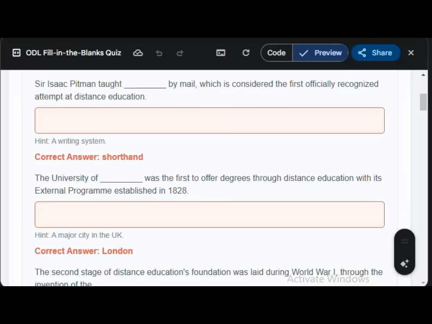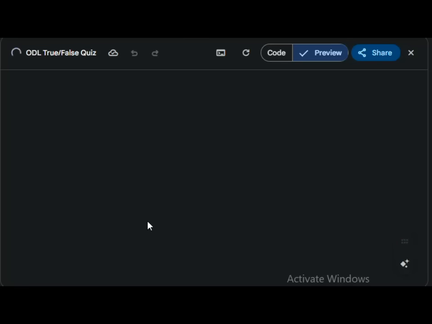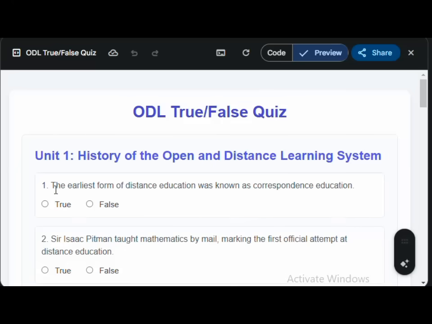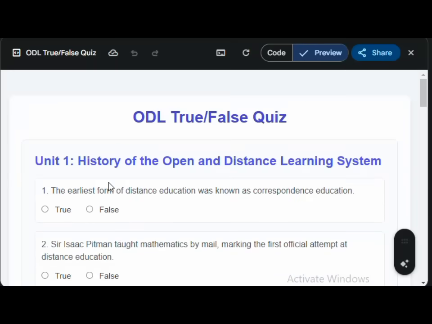Now, let's quickly dissect the true and false question. Looking at this question, the earliest form of distance education was known as correspondence education. True or false?